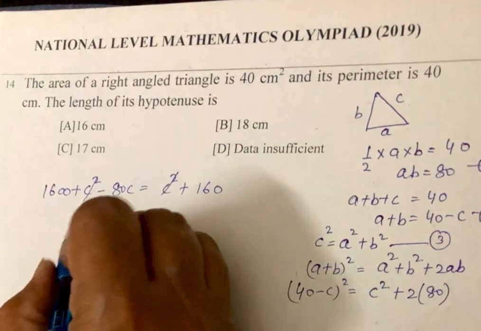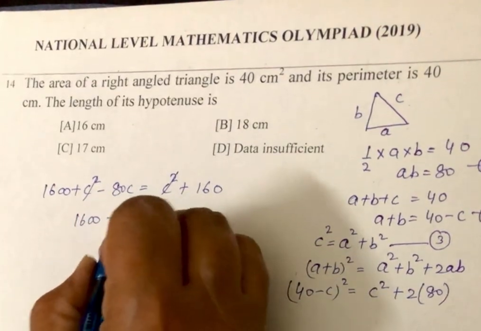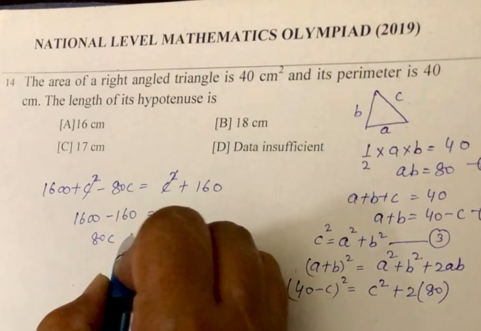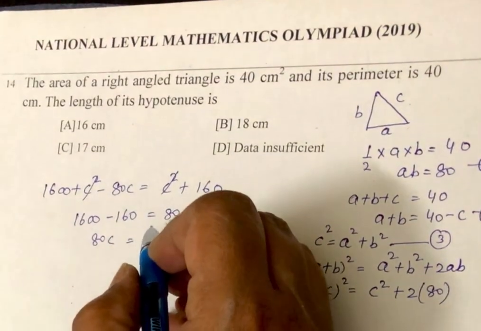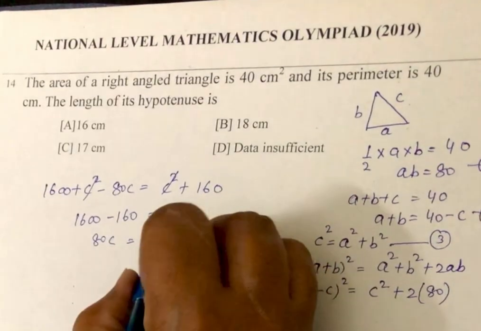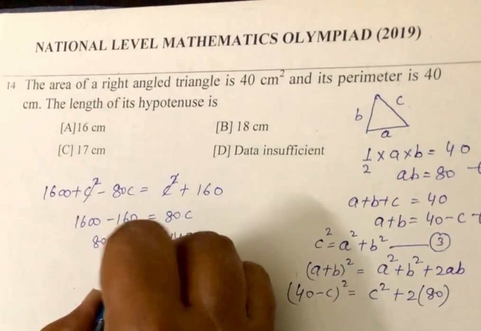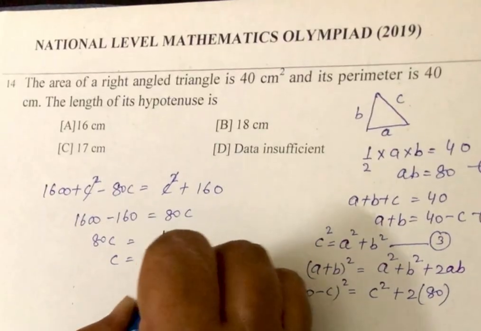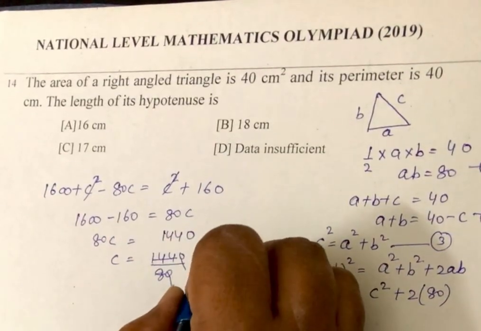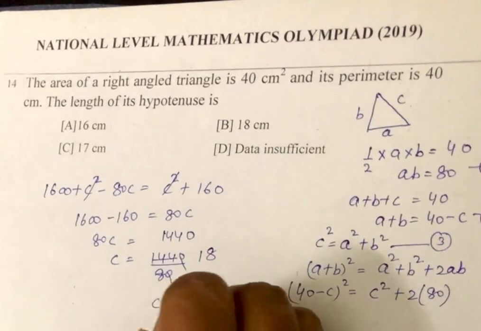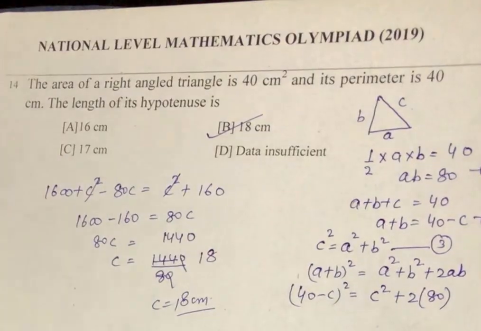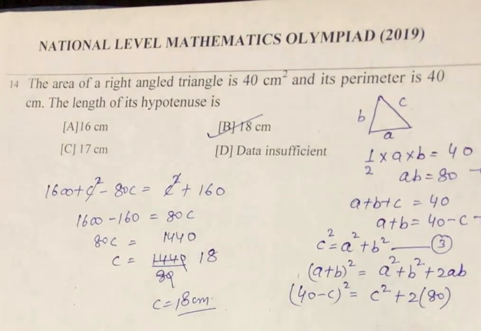So we get 1600 minus 160 is equal to 80c, or we can say 80c is equal to 1600 minus 160, which becomes 1440. So c becomes 1440 upon 80. So from here we get c is equal to 18. C is equal to 18 centimeter. So our answer is option B. So this solves question number 14.